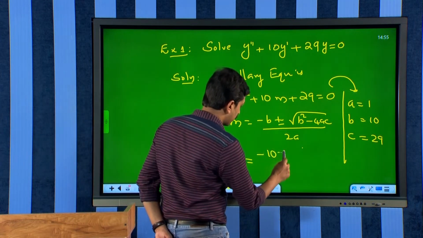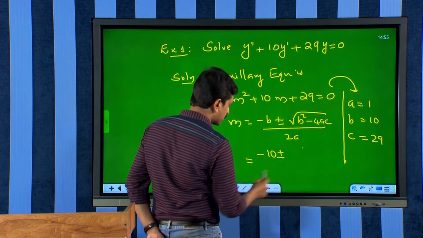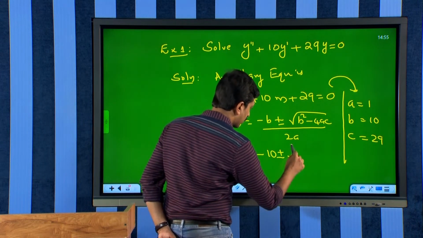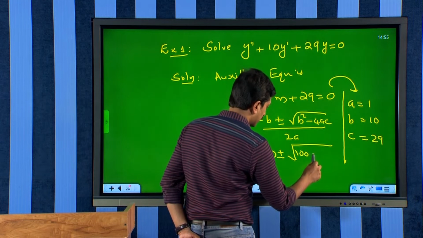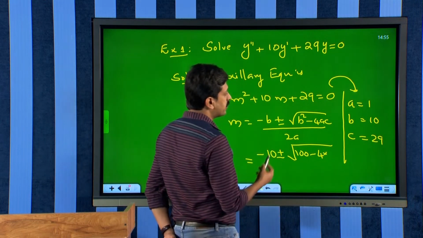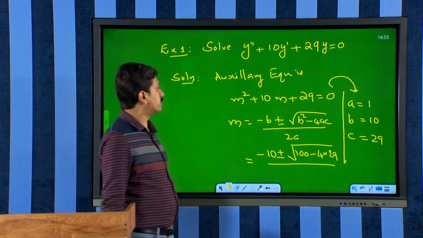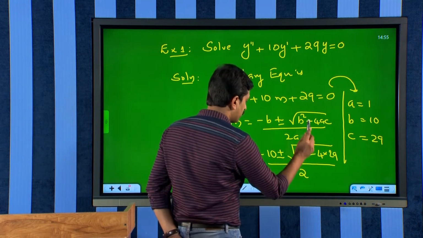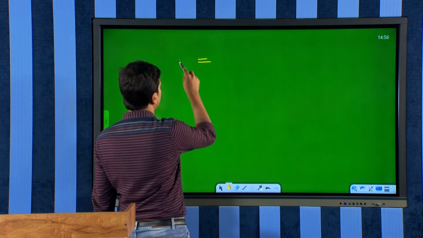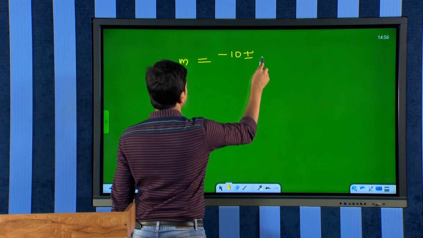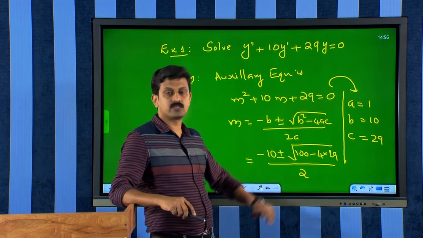That is, minus 10 plus or minus the square root of b square, which is 10 square, that is 100, minus 4 into a, which is 1, into 29, divided by 2 times a, where a is equal to 1.